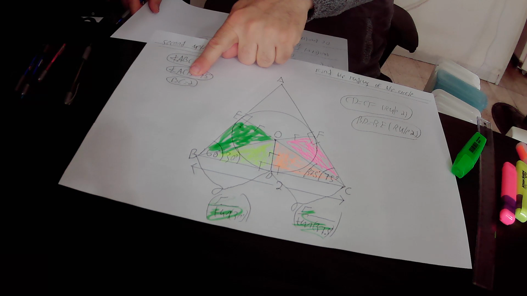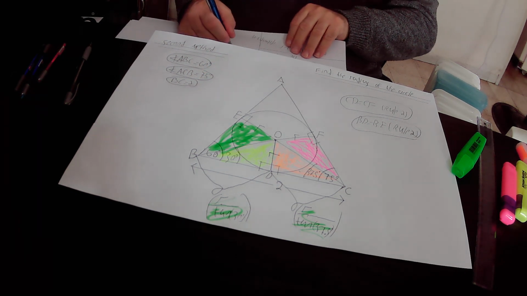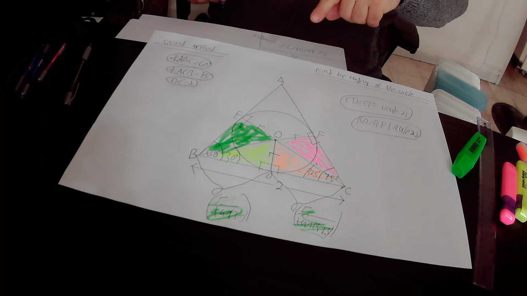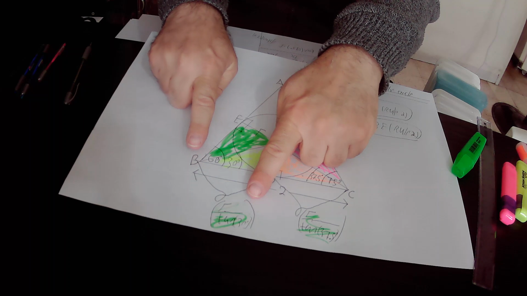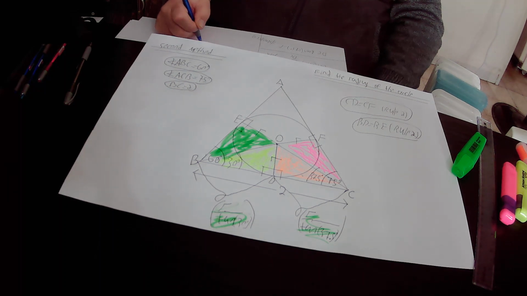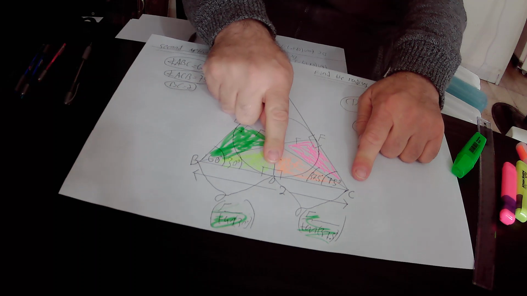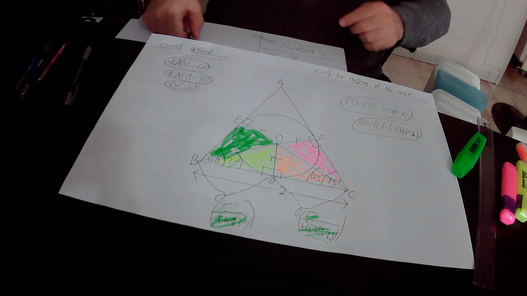BC equals 2, according to what is given in the question, and it equals BD, which is R over tangent 30 degrees, plus DC, which is R over tangent 37.5 degrees.